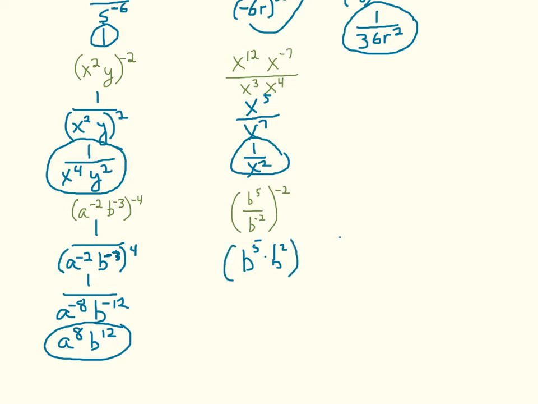Now all that's still to the negative 2nd power. I think that'd be the easiest way to do that one. So if I want to, I can just make that b to the negative 14th, and then I'll just make that 1 over b to the positive 14th. So that's our final answer there.